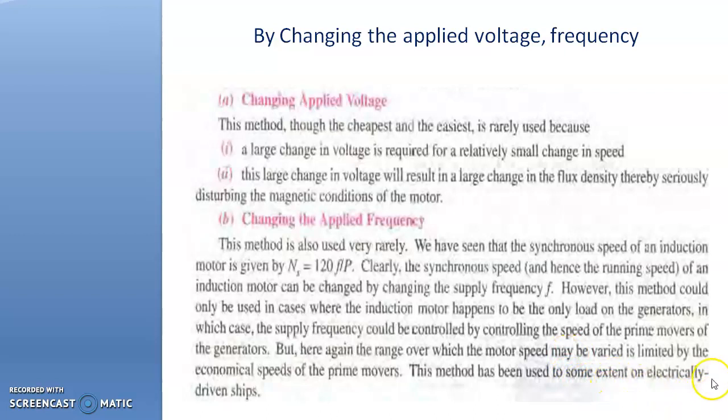So this particular method is applicable wherever you are able to change the frequency, or if only a particular load is there, like in shipping applications.